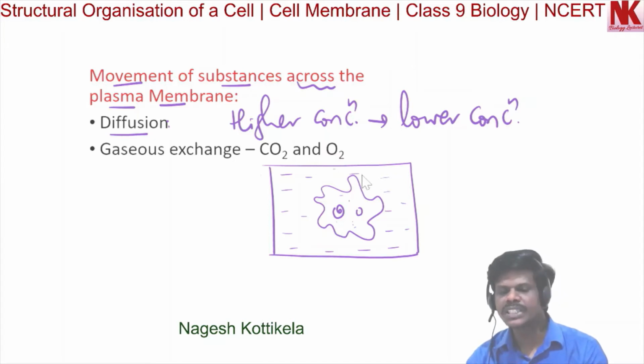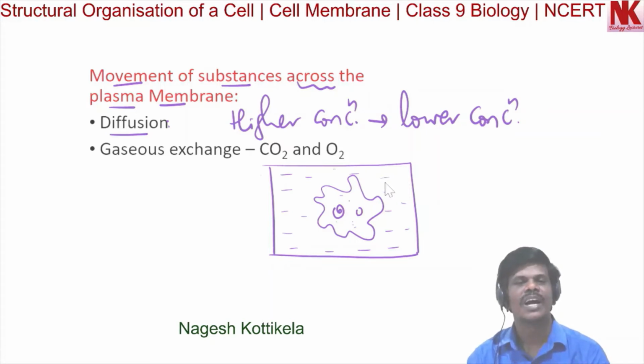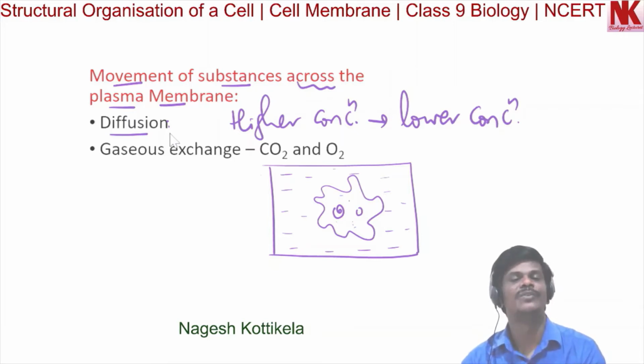But outside the cell, in the surrounding water, oxygen concentration is more and carbon dioxide concentration is less. So the gaseous molecules move from their higher concentration to lower concentration through diffusion process.